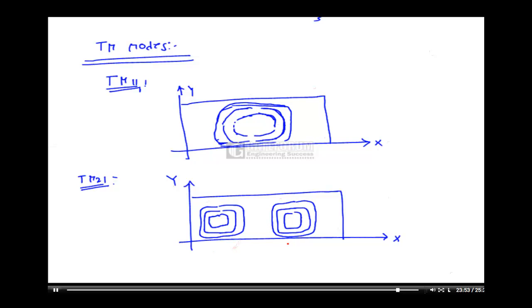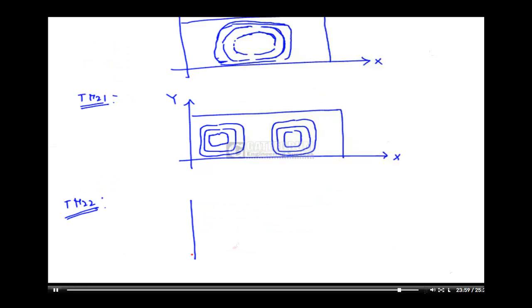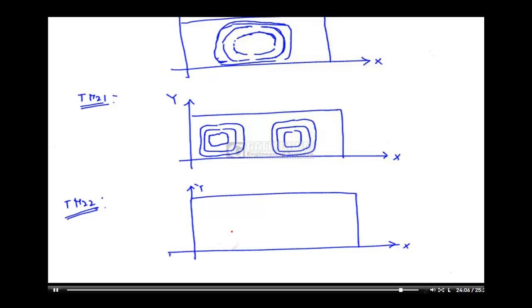Along the x-axis 2, along the y-axis only 1. Suppose you want to write TM22: along the x-axis 2, along the y-axis 2. Like this. Like this you can represent the magnetic field lines.